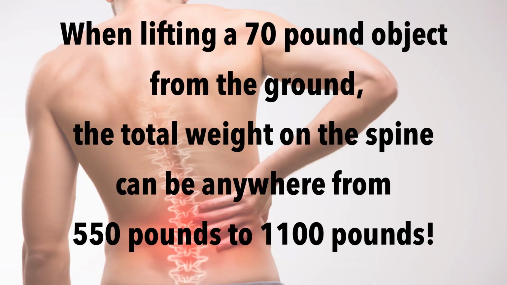When lifting a 70-pound object from the ground, the total compressive force in the spine can be anywhere from 550 pounds to 1,100 pounds. It's a lot of force on your spine.